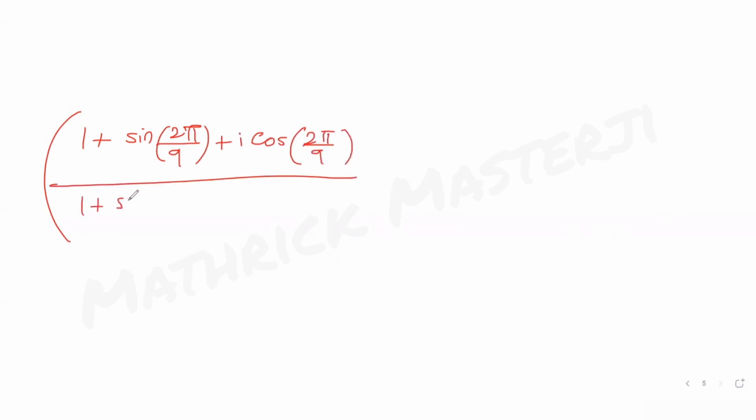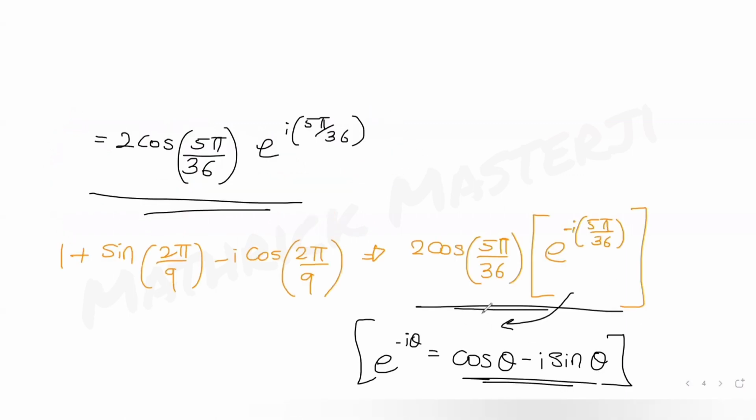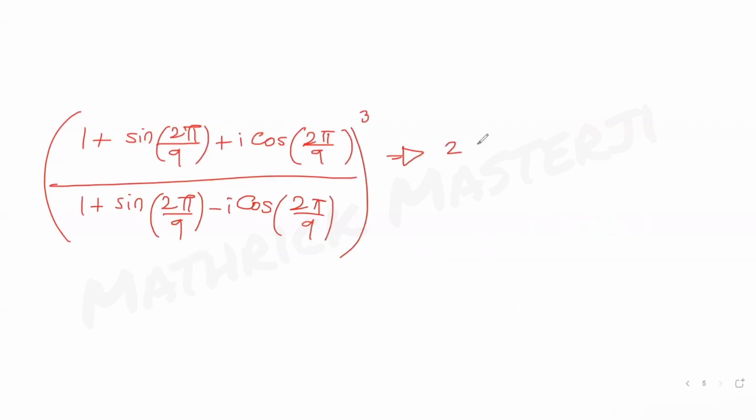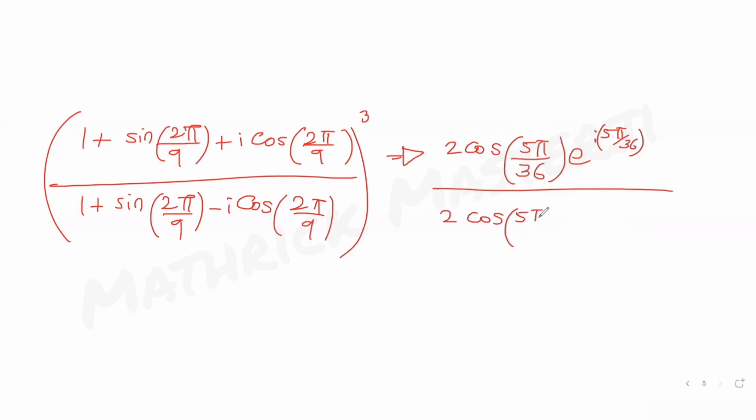So if I write that down, 1 plus sine of 2 pi by 9 plus i cos of 2 pi by 9 upon 1 plus sine of 2 pi by 9 minus i cos of 2 pi by 9, the whole cubed, I can write that as equal to 2 cos of 5 pi by 36 e raised to i 5 pi by 36 upon 2 cos of 5 pi by 36 e raised to minus i 5 pi by 36.